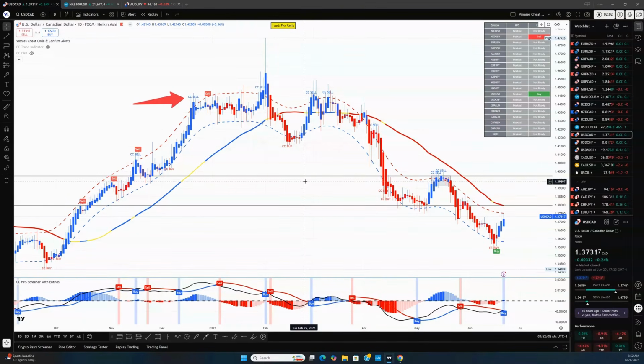The cheat code simplifies your trading process, and that's what it stands for: making trading as simple as possible. But you have to plan your trades out. That's the only way you're going to truly be a consistently profitable trader.